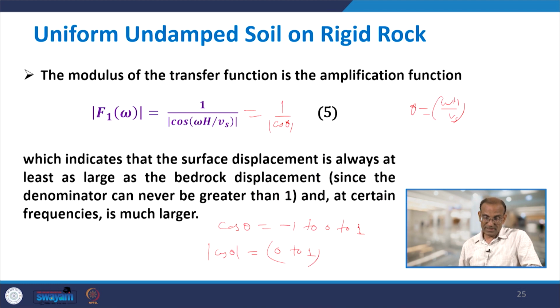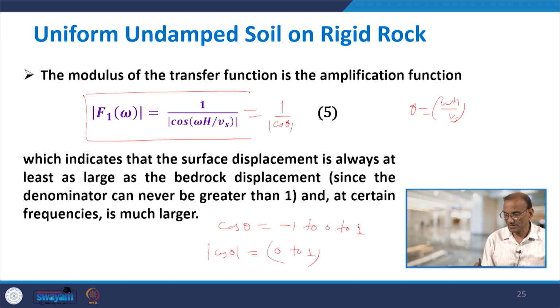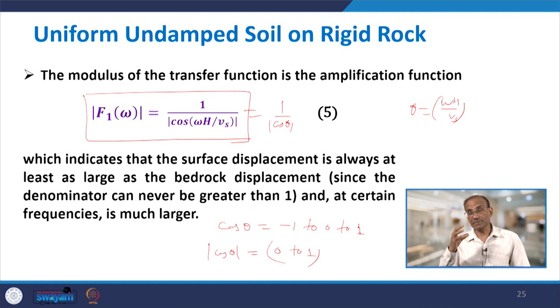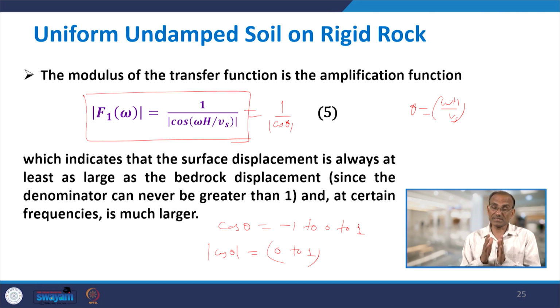Here I would like to emphasize that this equation which determines the transfer function for the undamped case on rigid rock looks very simple, but it carries 3 factors. One is capital H, which represents the geometry of your problem, then Vs, the shear velocity, which represents the material property, and omega, your frequency of excitation.